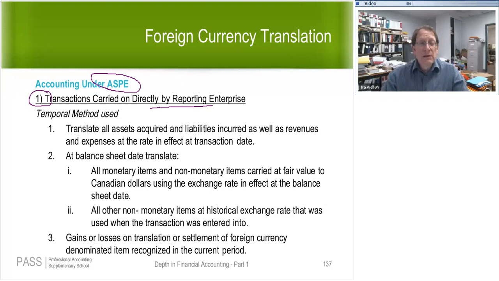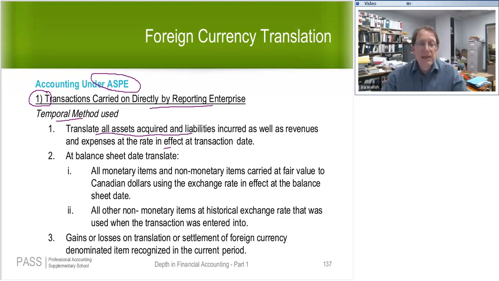They're supposed to use a method, the temporal method. How do they translate? Number one, when the transaction occurs, they translate everything on that day. Assets, liabilities, revenues, expenses, whatever the rate is on that day.